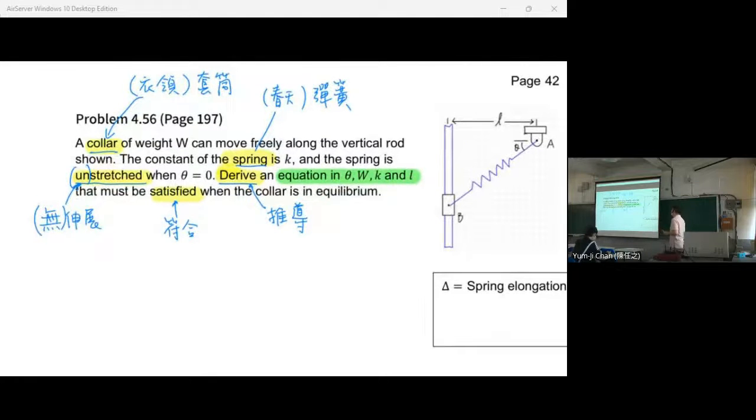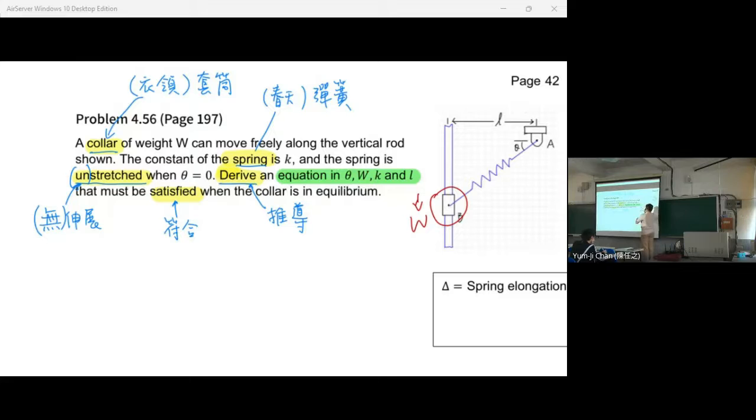Now, when the collar is in equilibrium: the collar has weight W. If the collar has weight W, it will go down and down and down, right?